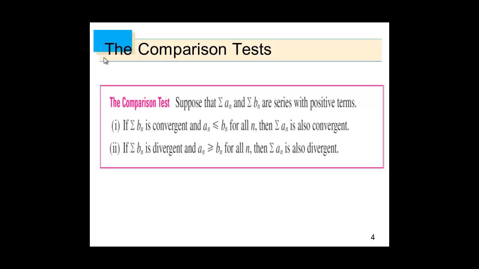Well, if every term of your series is smaller than the corresponding term of a convergent series, then your series is convergent. If every term of your series is bigger than the corresponding term of a divergent series of positive terms, then your series is divergent as well.